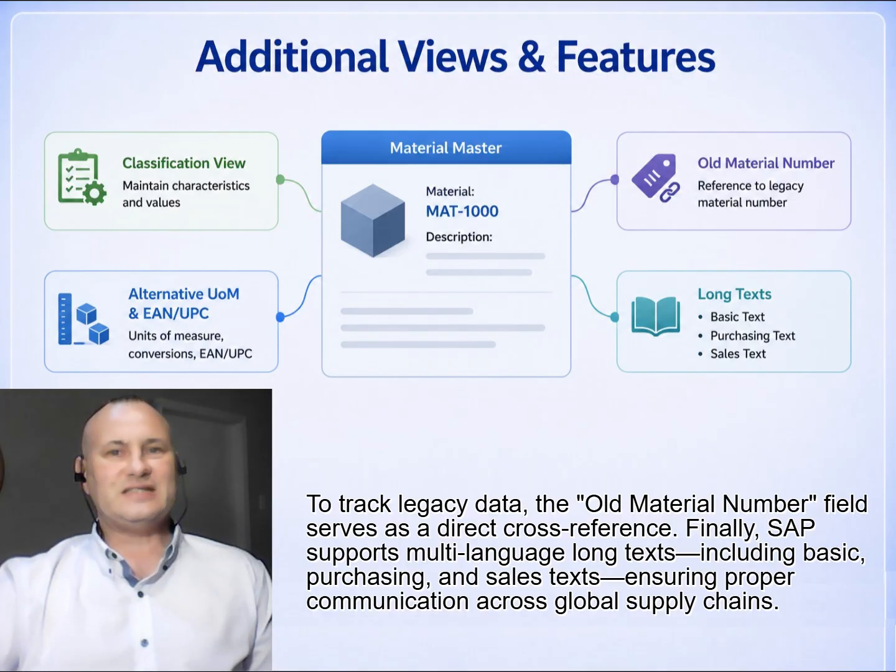To track legacy data, the old material number field serves as a direct cross-reference. Finally, SAP supports multi-language long text, including basic purchasing and sales text, ensuring proper communication across the global supply chain.